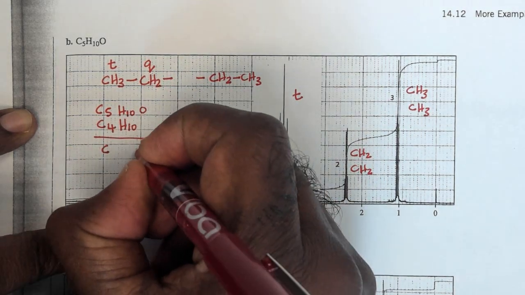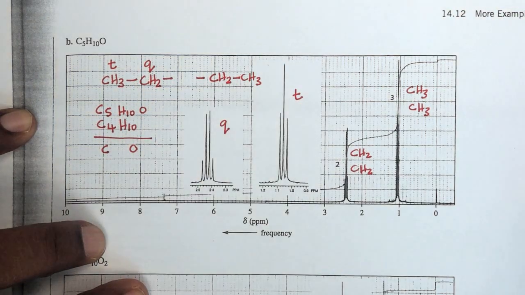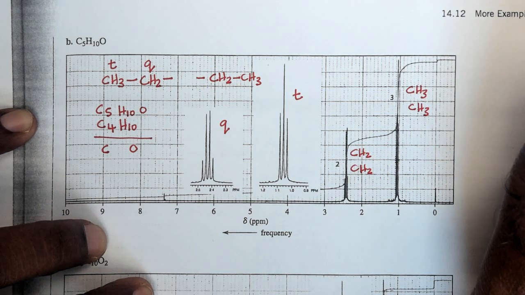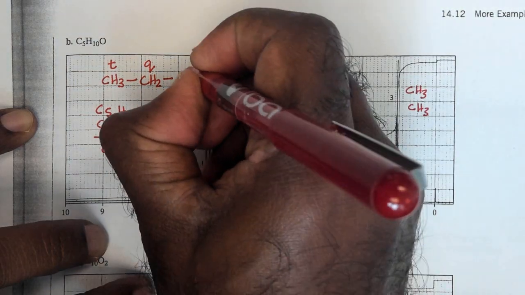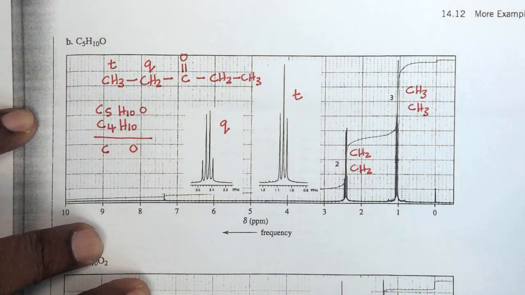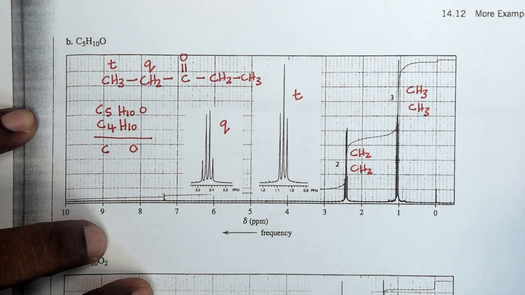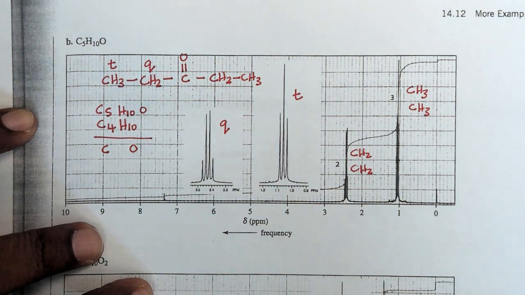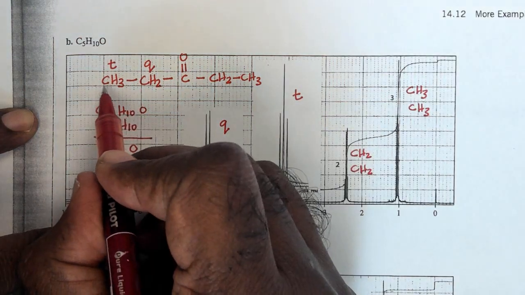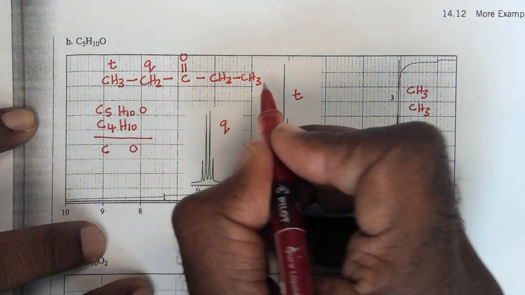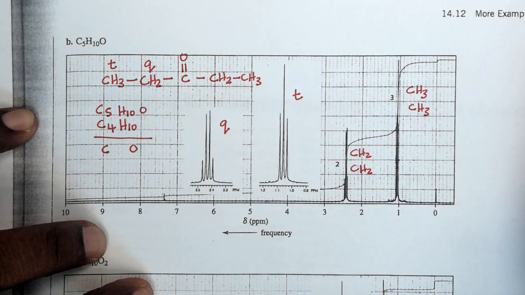I see what I have left. I have a carbon left, and I have an oxygen left that I need to fit into this structure on the top here. And what better way to do it than to insert a carbonyl group, which satisfies the valency of carbon. I have 4 bonds around all my carbon atoms, and I come up with a structure for C5H10O.